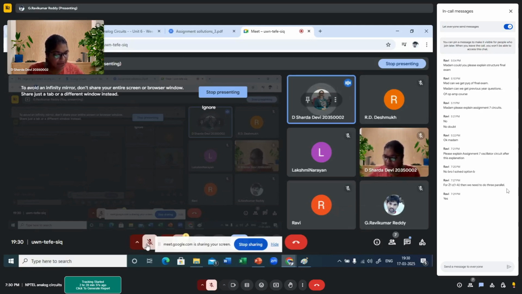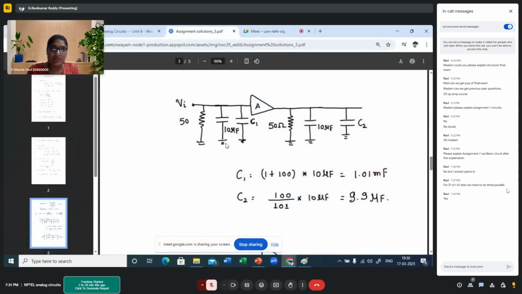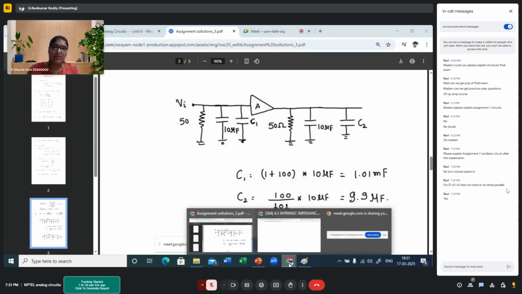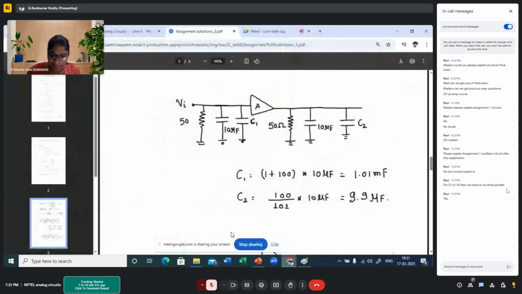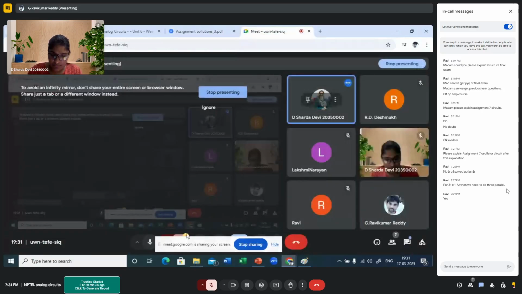Because I sort of agree with you, how can the denominator be larger? 101 was in the denominator. Okay. 101 is in the denominator, correct? Yeah. 101 should not come in the denominator as far as the formula is concerned. That's true. That should not come like that.